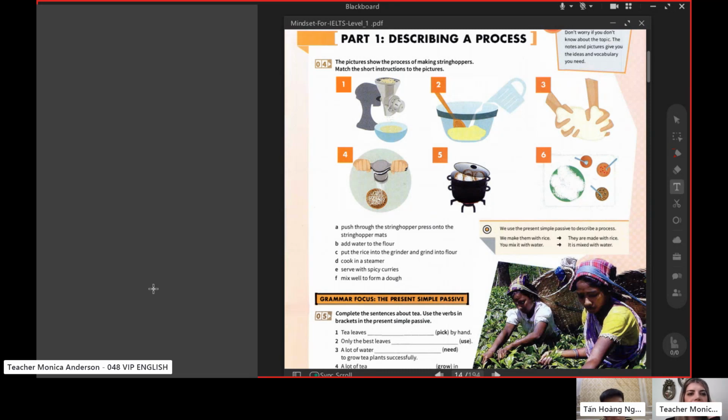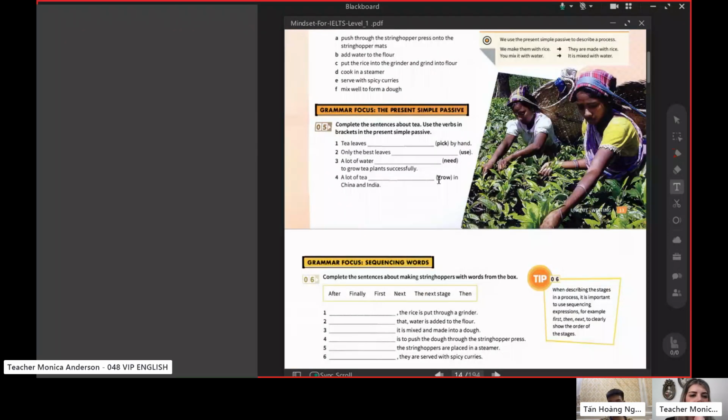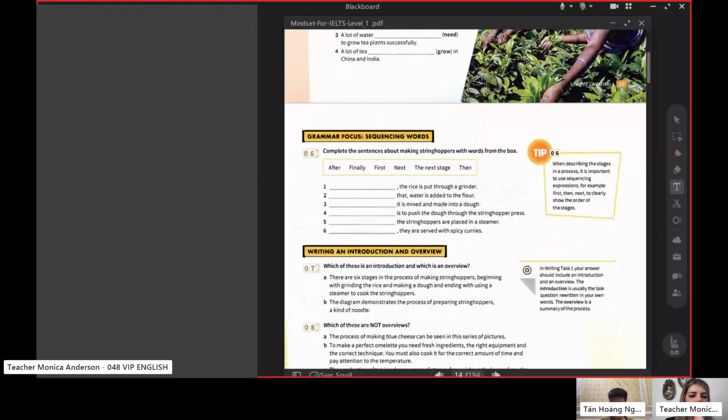Yes, okay. Okay, now. So first, after that, 3. The first is the rice is put through a window. After that, water is added to the flour, and 3.